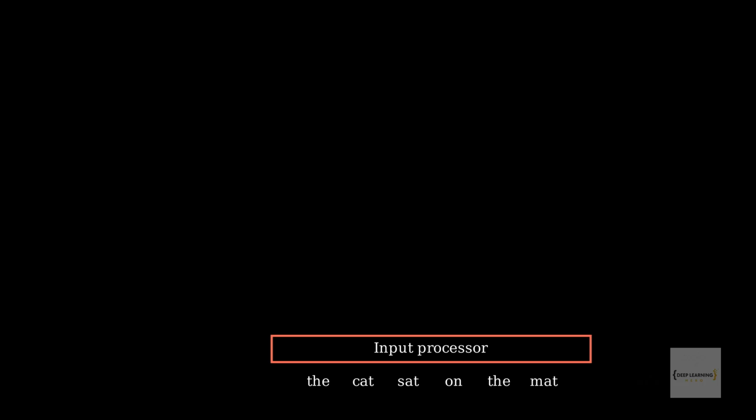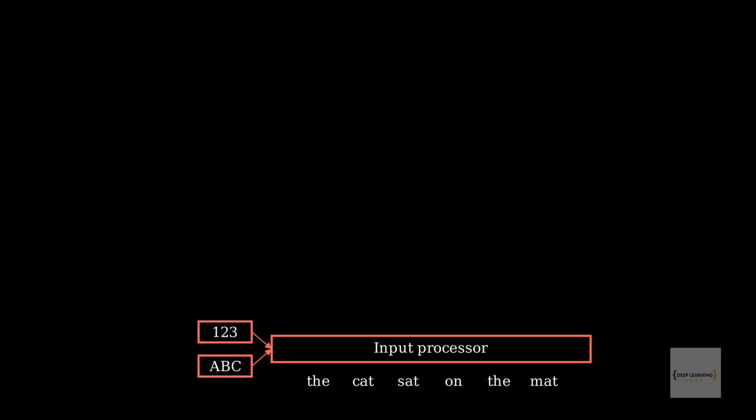The input processor produces embeddings for the sequence of text. These embeddings have two characteristics. Each token will have a unique embedding based on the characters it has, called token embeddings. Then, tokens in different positions in the sequence would get a different embedding, called the positional embeddings.